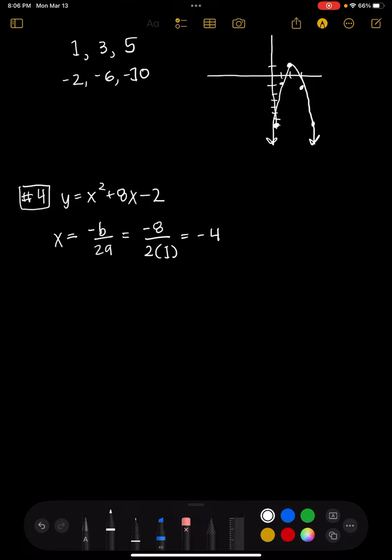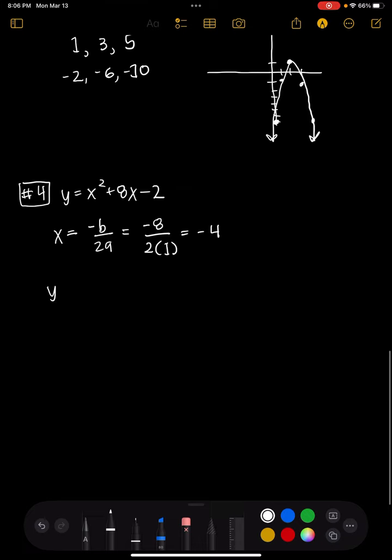So that's the x portion of my vertex. To find the y portion of my vertex, I'm going to just take my original equation and replace all of the x's with negative 4. So instead of saying x squared, I'm going to say (negative 4) squared plus, instead of saying 8x, I'm going to say 8 times (negative 4) minus 2. Notice that I put the negative 4 in parentheses. You want to make sure that you do that, particularly if you're planning on using a calculator.